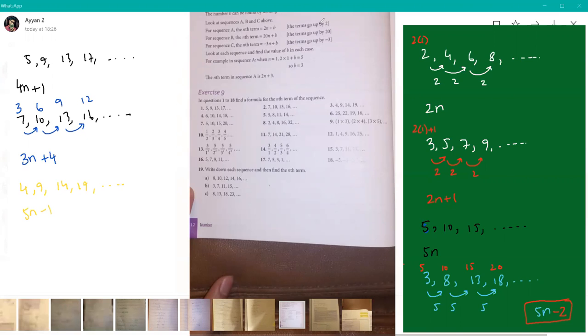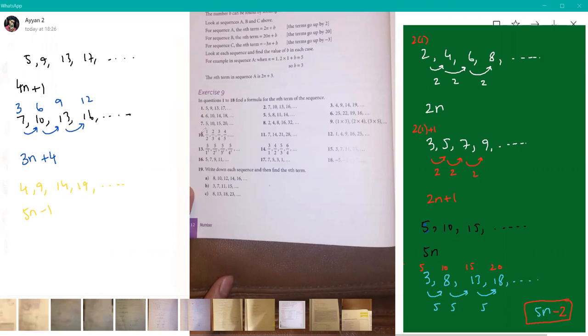Okay, Huzafa, you tell us about the ninth question, beta. If you look at question number 8, we can do question number 8 with this method.